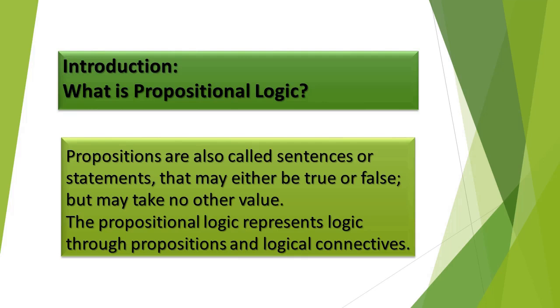So we can summarize the proposition and propositional logic as: propositions are simple sentences or statements which may be either true or false, but no other value. And the propositional logic represents logic through propositions and logical connectives.